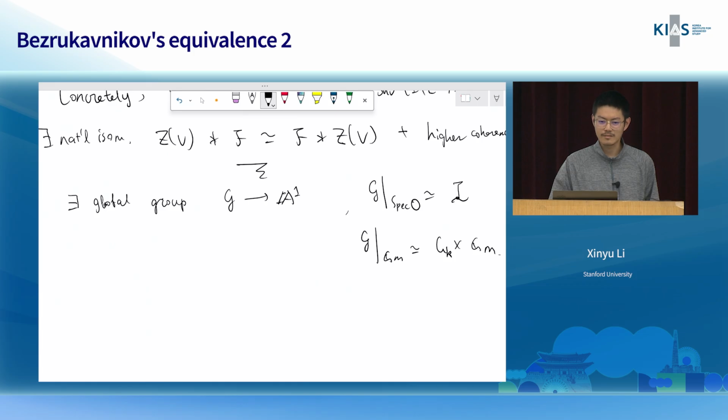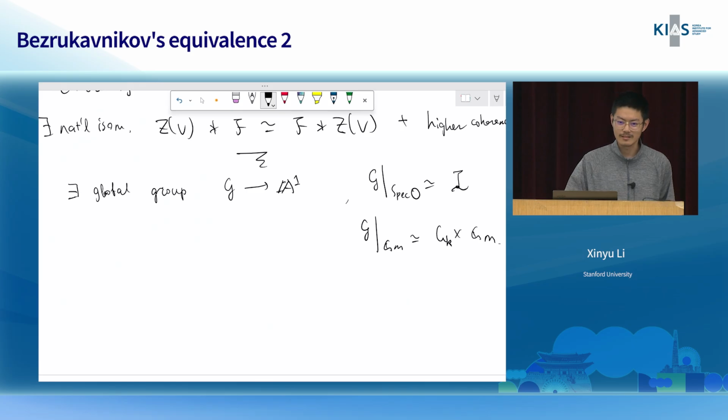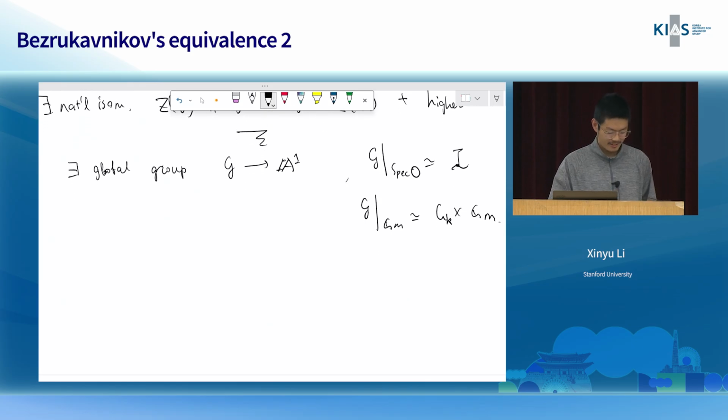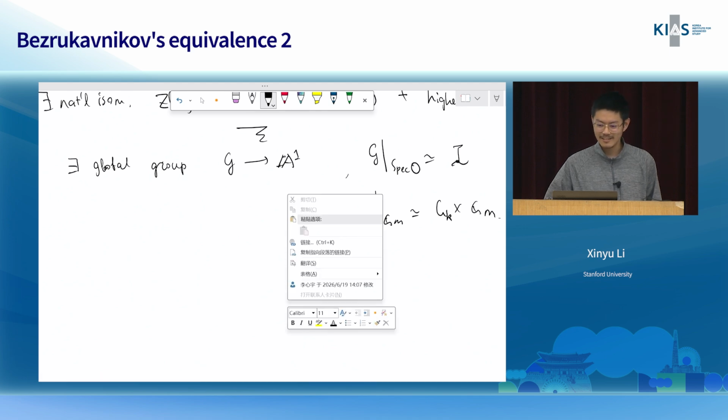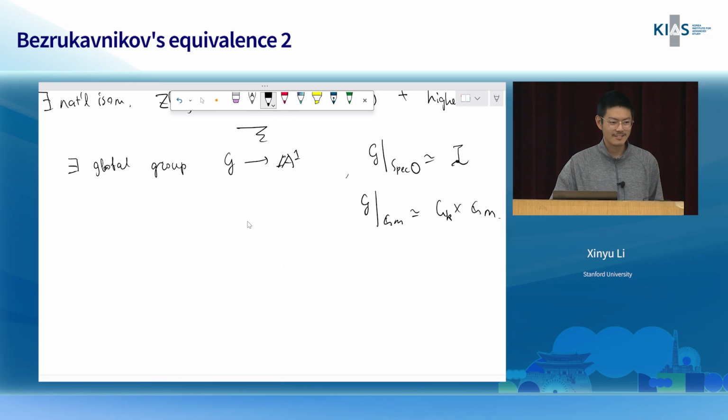I really take the spectrum of O, I think. O is a ring of integers inside F. No, sorry, A1 is over K. So A1 is globalizing O. Yeah, it's the completed local ring of the origin. Yes, okay.